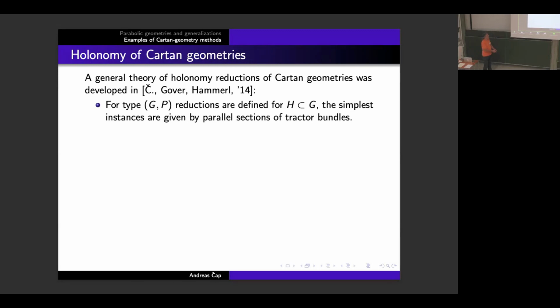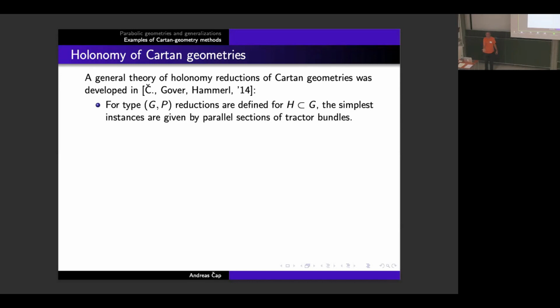The simplest way to specify a subgroup in a group is to pick an element in a representation of this group and take the subgroup that leaves this element invariant. In geometric terms, this just means that you require some tractor bundle to have a parallel section, because a representation of the group G means an associated bundle that is a tractor bundle, and to get a holonomy reduction you need a parallel section of this tractor bundle.